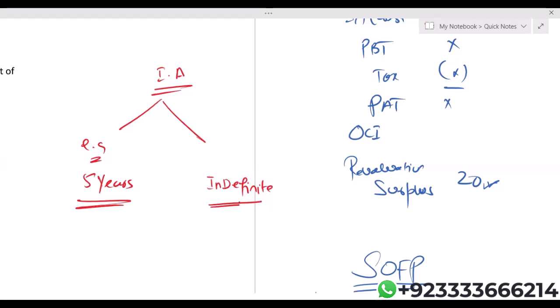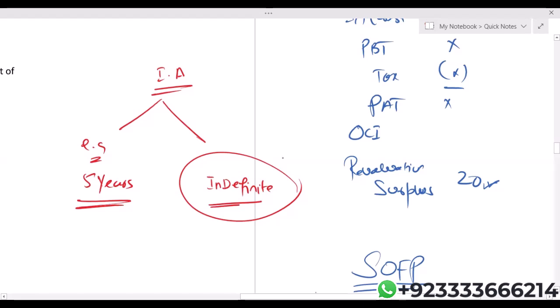Right now we can say that Levi's will be there for many, many years. So according to IAS 38, when an intangible asset has an indefinite life, we cannot amortize it. But in case of indefinite life, every year you have to perform an impairment test, to see whether there is an indicator of impairment loss or not.